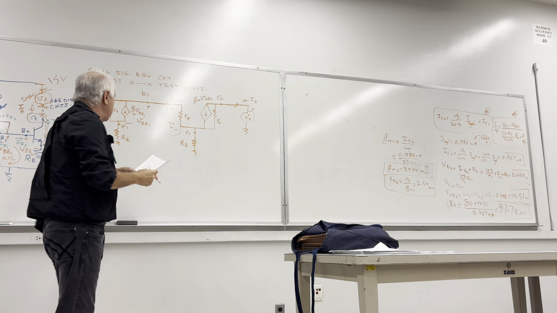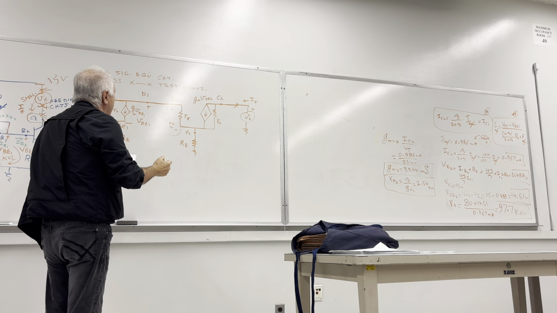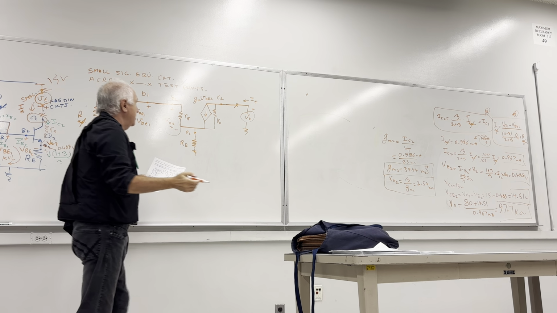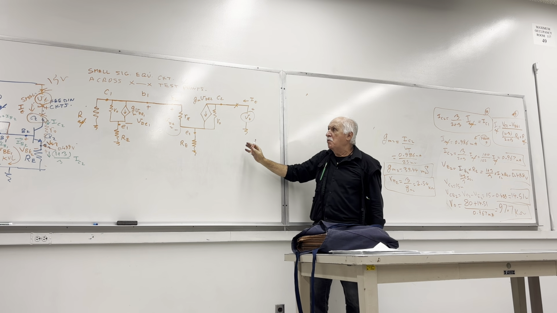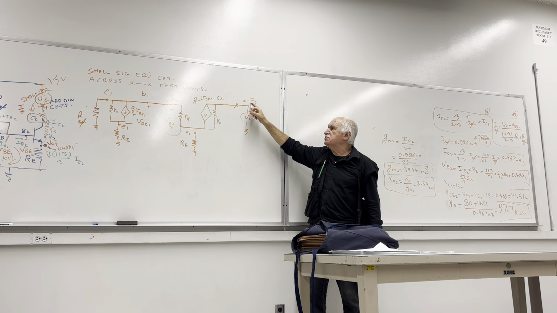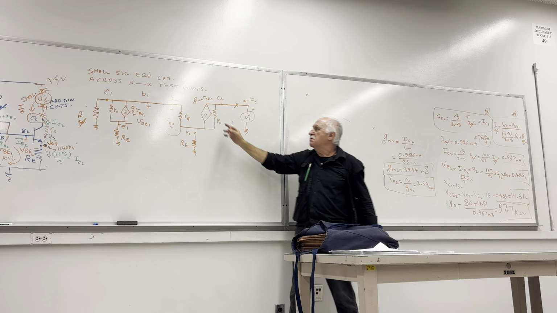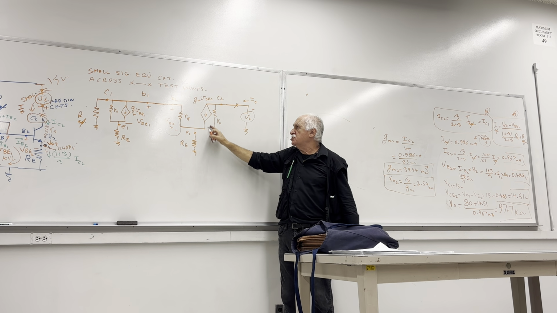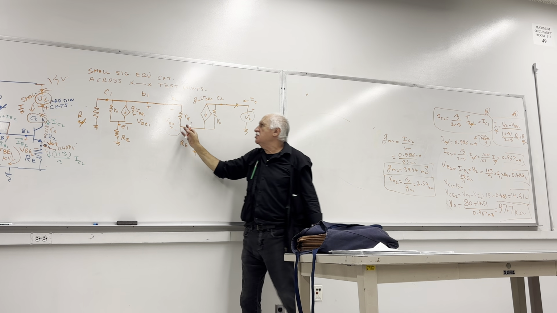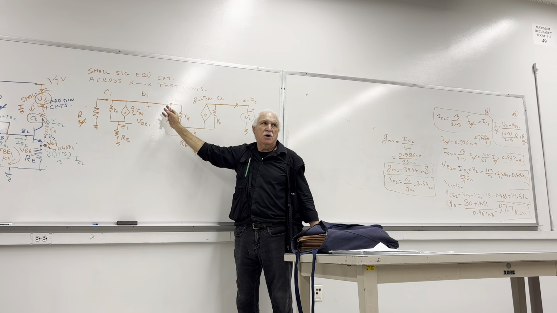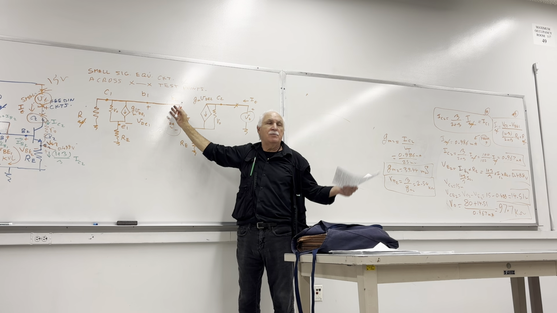Now, about the dynamic resistance. You can argue that this is not like the previous case. Why? Because if you're changing this voltage, you feel that something is going to change in this resistor because there's connectivity. The problem gets really complicated.